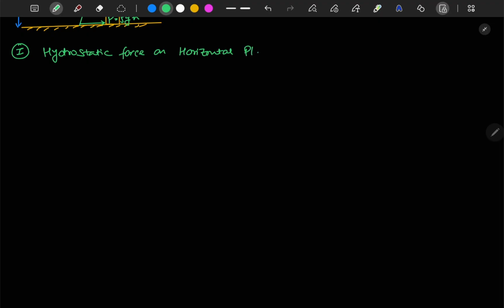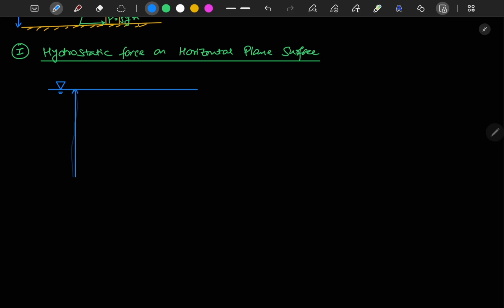Before that, let's consider a water body, and say this is the free surface of the water.